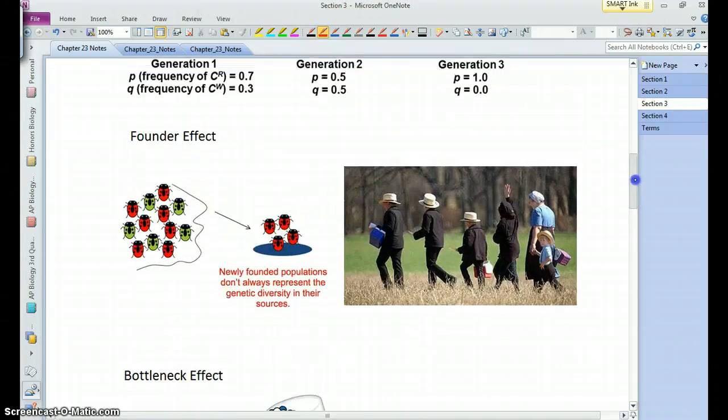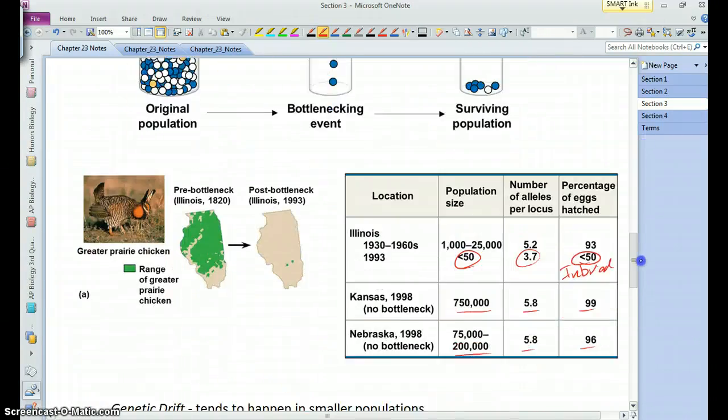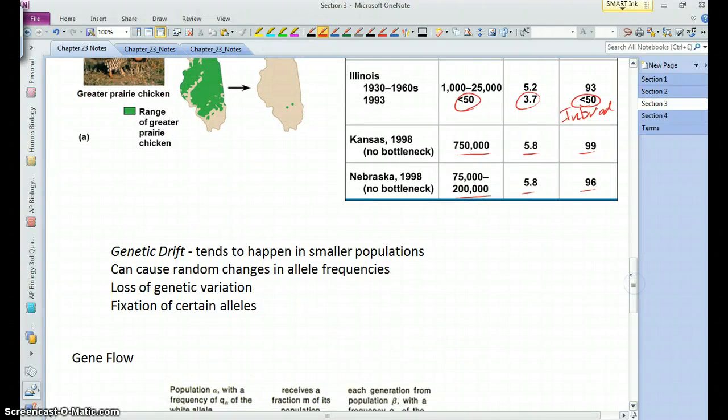So, this phenomenon of genetic drift tends to happen in small populations, can cause relatively random changes that have nothing to do with natural selection or survival of the fittest, tends to lead to a loss of variation, and in some cases can lead to the fixation of certain alleles at particular loci.